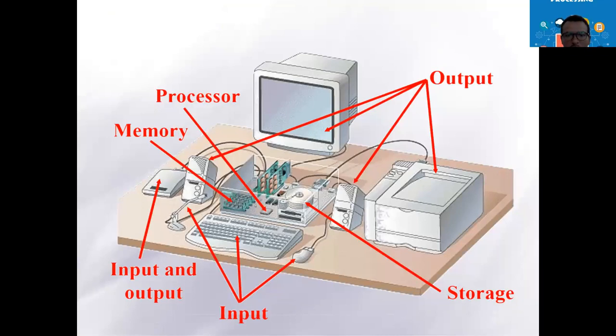These are also hardware, for example, the processor or CPU, the brain of the computer or central processing unit, and memories and input and output devices. Input devices, storage devices such as CDs or DVDs, and output devices are printers and speakers, which are again hardware.